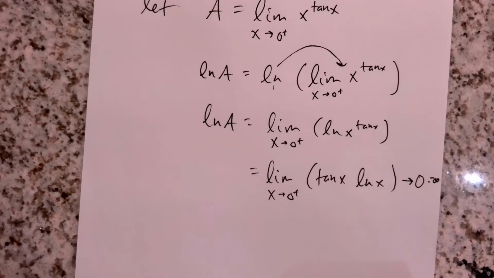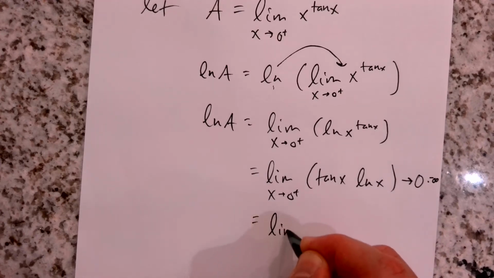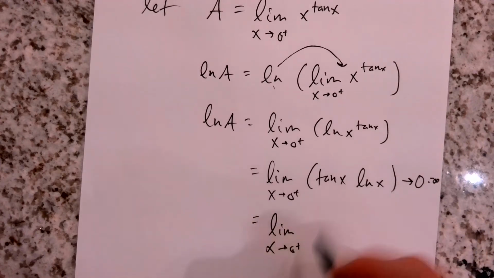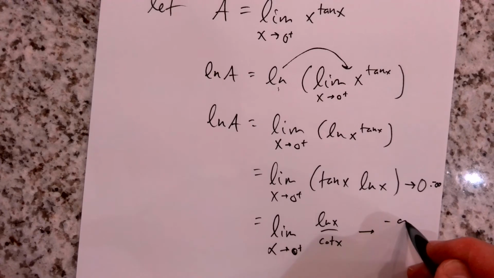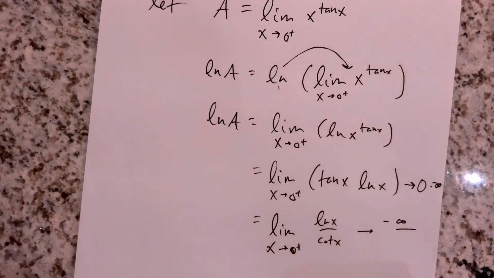So we have to rewrite this before we can use L'Hopital's rule. So I'm going to make it log x over cotangent x, because now this gives us negative infinity. Cotangent x, as x approaches 0 from the right side, is giving you positive infinity.